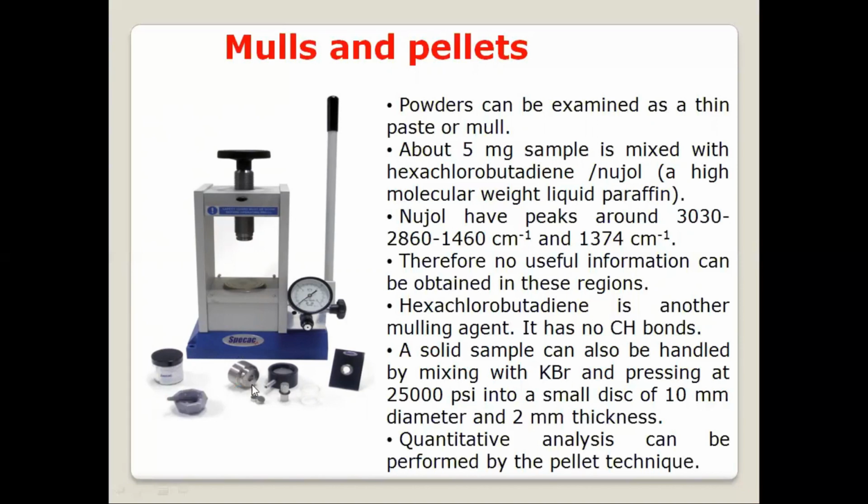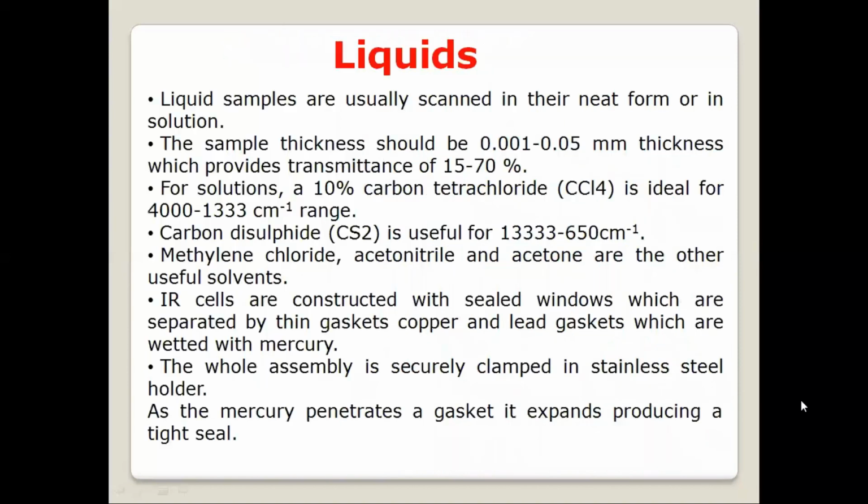With the help of the mold, you put the sample along with KBr into the mold, and by applying pressure up to 25,000 psi, you will get uniform pellets. Due to the uniformity of the pellets and by increasing the quantity linearly, you can also get quantitative analysis using the pellet technique.